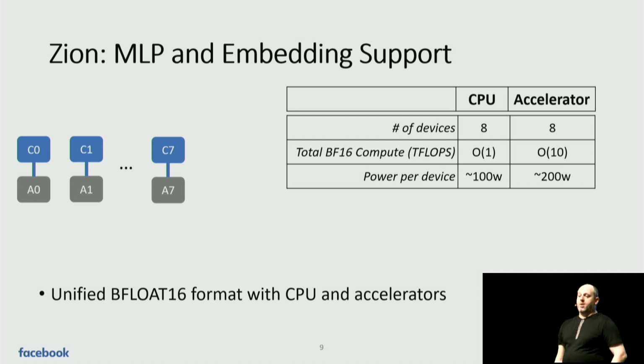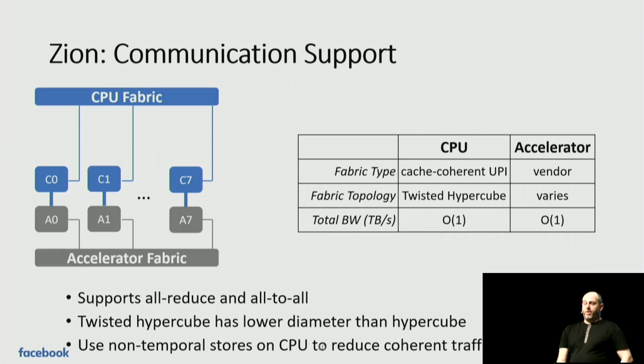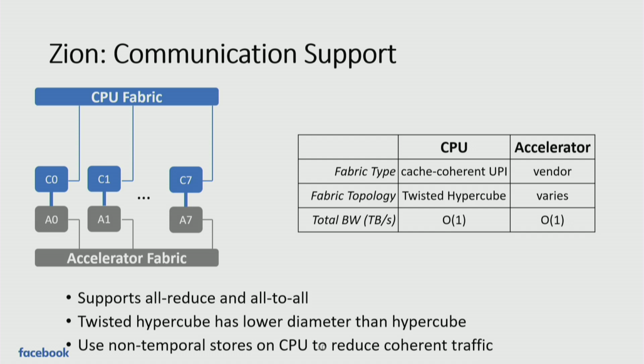So yes, we have bfloat16, and to address memory bandwidth and capacity, we provided high capacity, low bandwidth DDR memory on the CPU in the order of terabytes, and low capacity, high bandwidth memory on the accelerator in the order of 100 gigabytes, right?